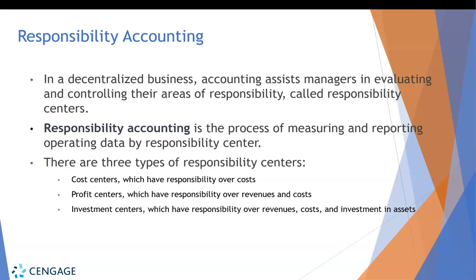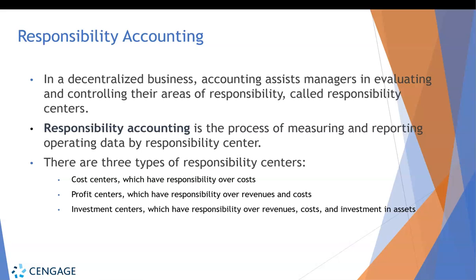So in this type of decentralized business, accounting helps managers to control and look at their responsibilities, which we call responsibility centers. There are three types of these centers: cost centers, profit centers, and investment centers.